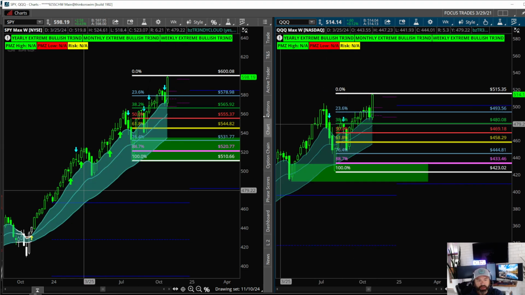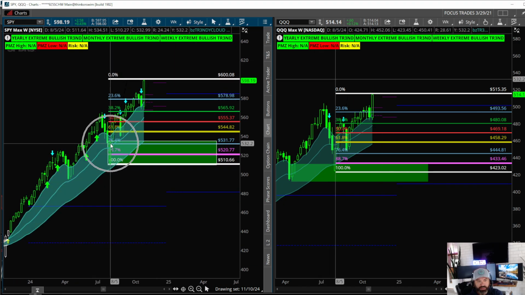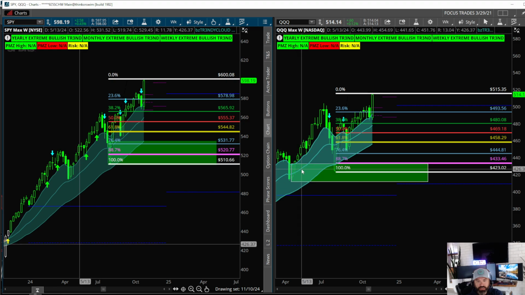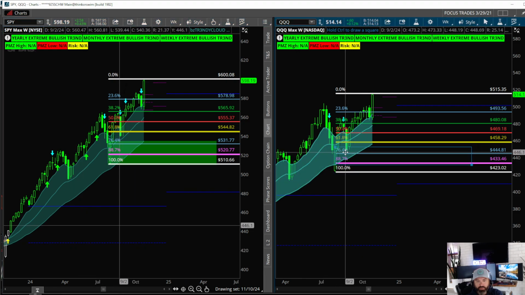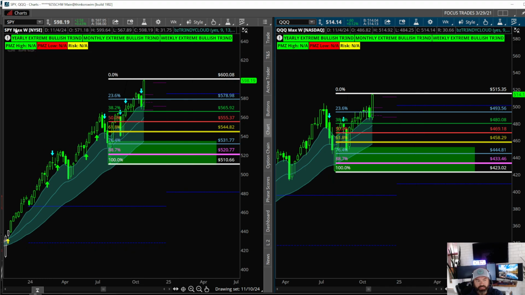Let's go ahead. I'm going to go over a couple things that I did so far. I found an inside and out formation here, and I have an inside and out formation here as well. We're going to pull this one right to there. The ES and the SPY and the QQQ pretty much look the same.